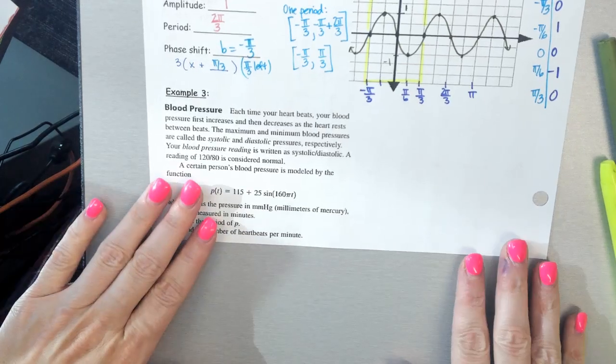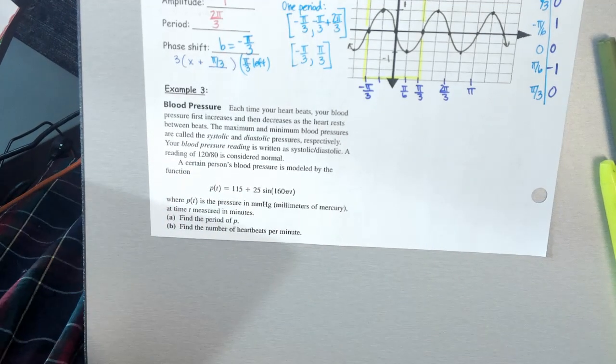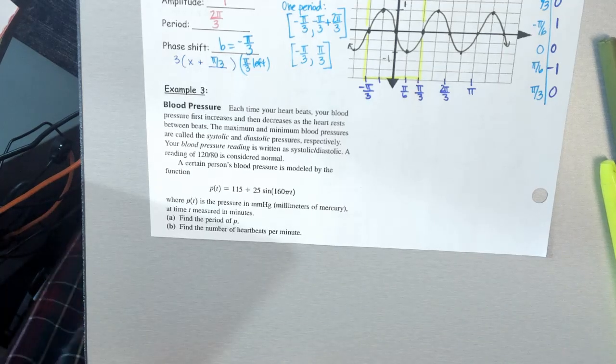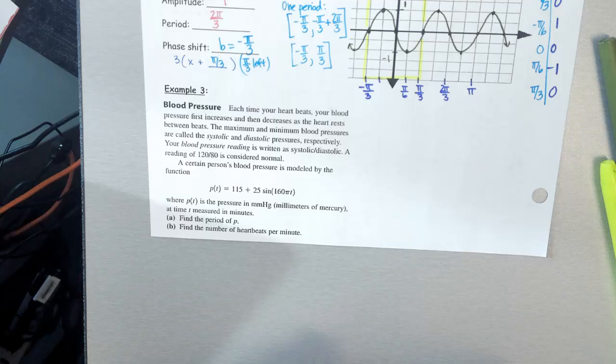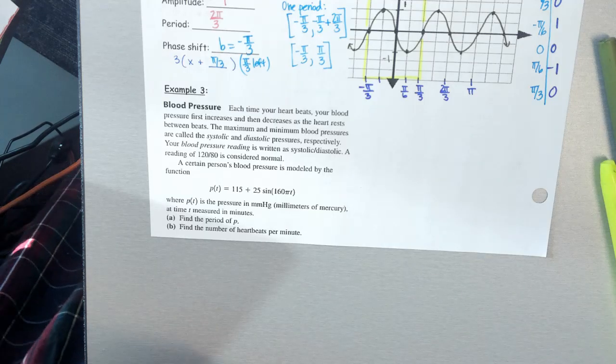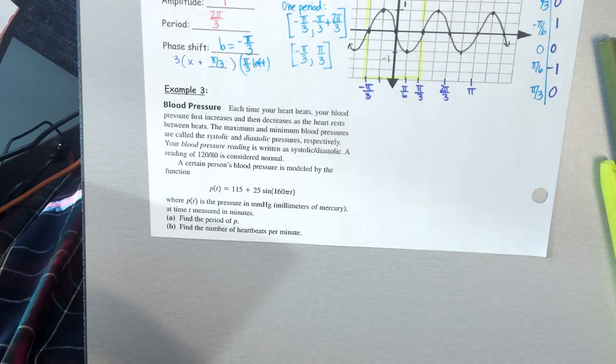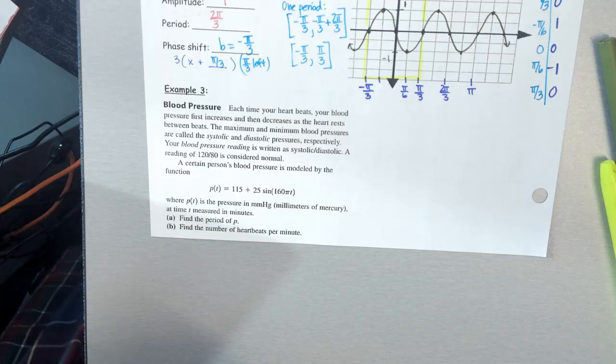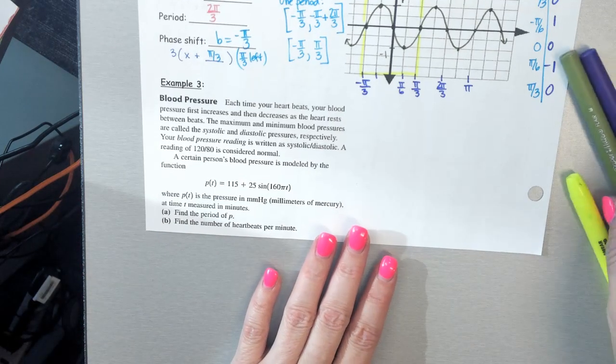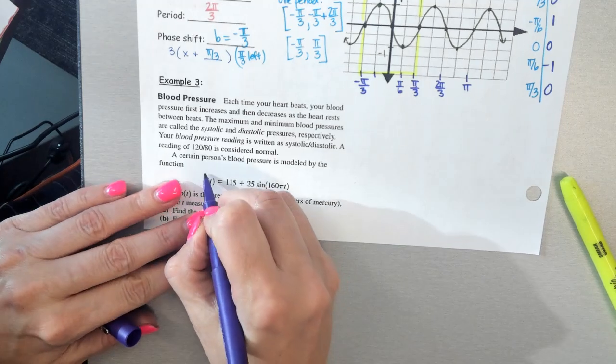And the maximum and minimum blood pressures are called the systolic and diastolic pressures. Your blood pressure reading is written as the systolic over the diastolic, and a reading of 120 over 80 is considered normal. A certain person's blood pressure is modeled by this function.